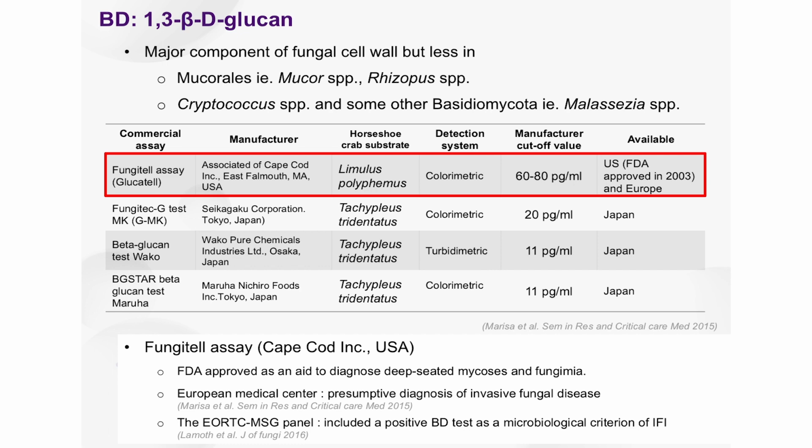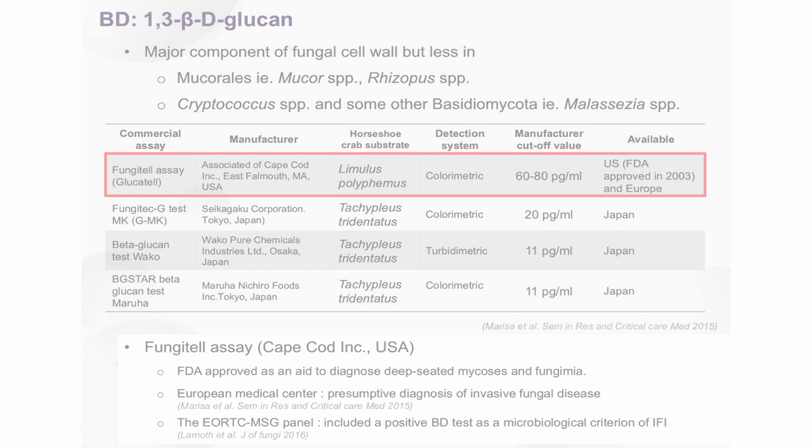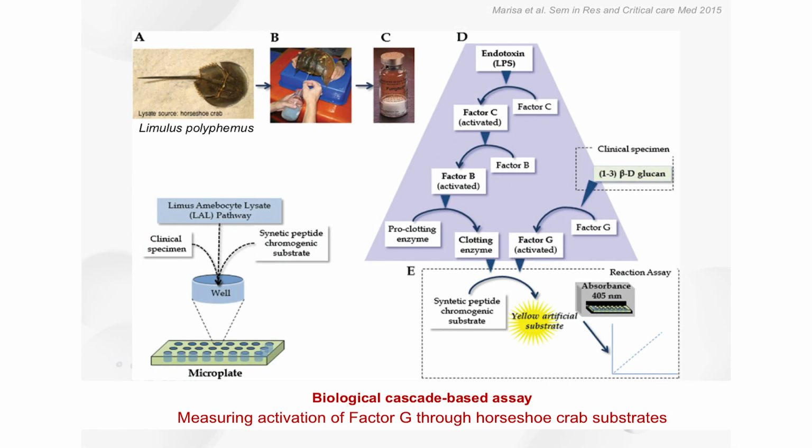I also have nothing to do with this company. And EORTC also approved this one. What is this? It's from this kind of animal. Normally we use it for endotoxin, right? Lipopolysaccharide, and it has this process. But for the beta-glucan, it just shortcuts to stimulate factor G and become this one.